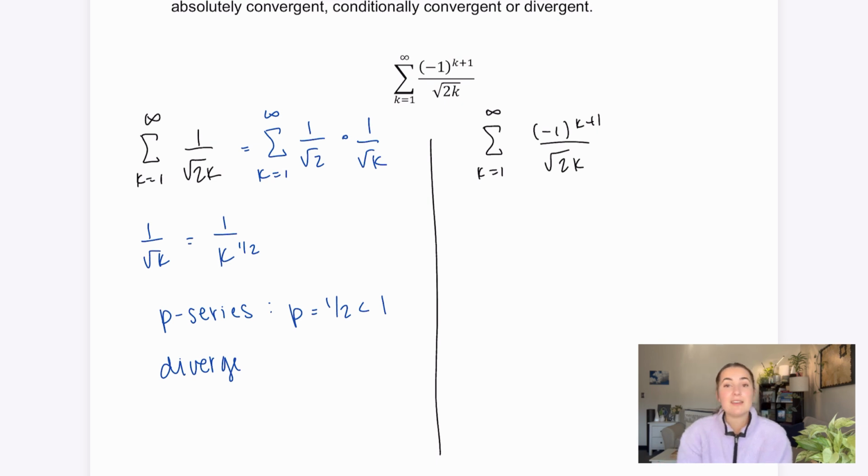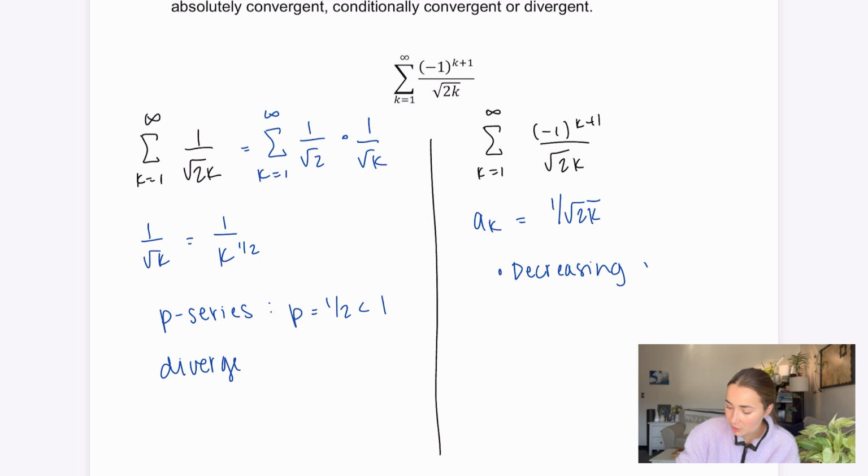Now let's go ahead and see if the normal series converges or diverges. We're going to use the alternating series test, and the clue here is we have that -1 to the k plus 1. When we have that alternating portion, you can apply the alternating series test. So we take our terms without the -1 portion. So we get rid of that. We get 1 over the square root of 2k. The first thing we want to show is that this is decreasing.